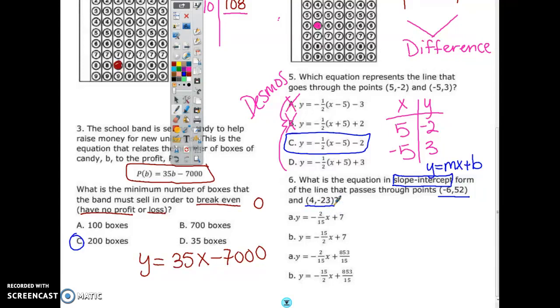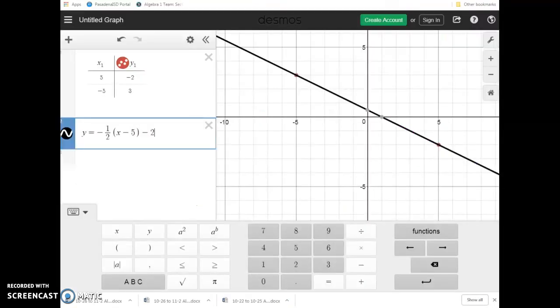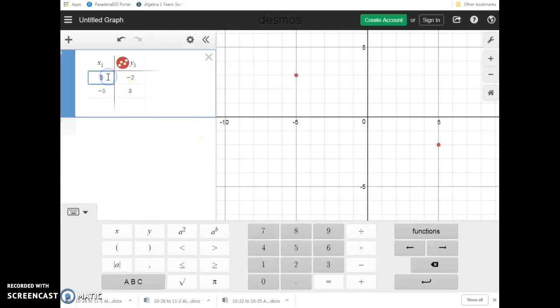Okay? So like we've been doing all week, we need to find the approximation of those 2 points. So what we do is we go to Desmos, we put in our points. Our x's were -6 and 4. And then our y's were 52 and -23.